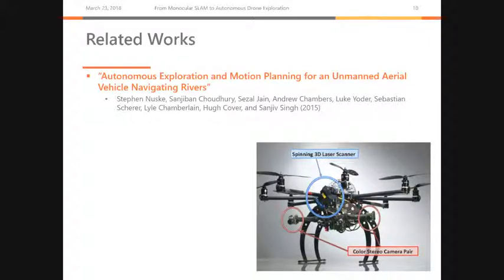So this is one of the famous ones. They use a very expensive spinning 3D laser scanner and a stereo camera to detect and monitor river paths.